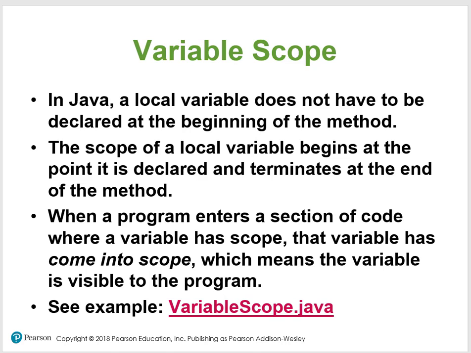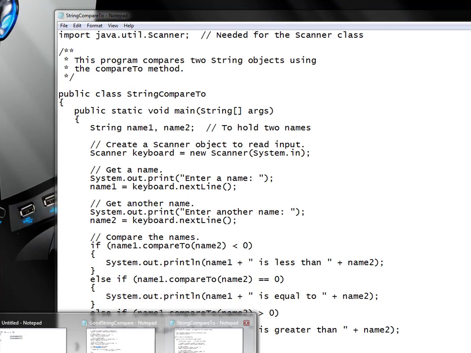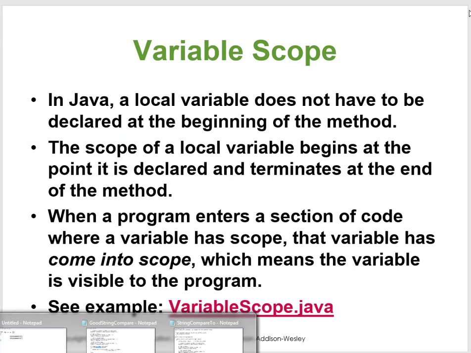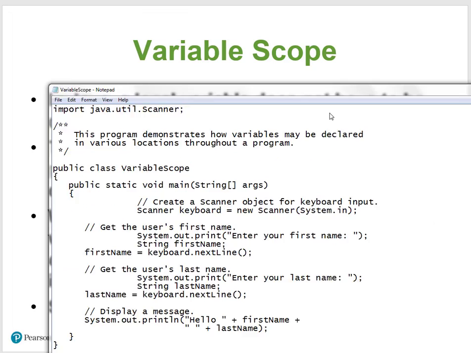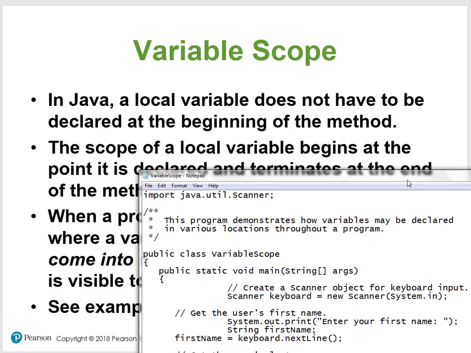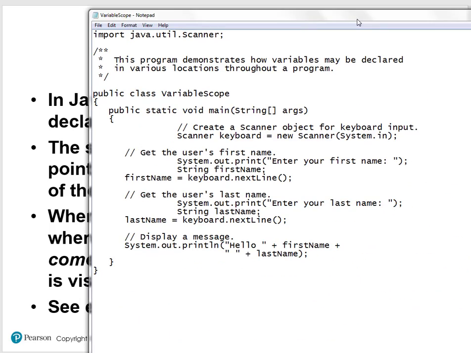The variable scope, the one I just pulled up for you, let me pull up, hold on a second. This is the one I was talking about regarding that slide we just looked at. If you look at the scope of this variable, you can't actually declare it until you see this.